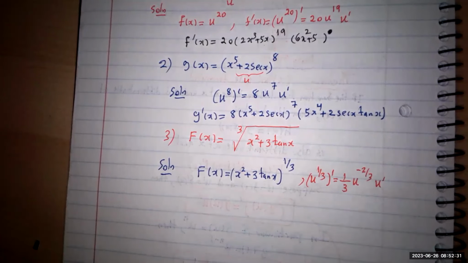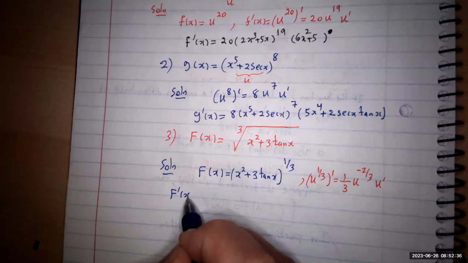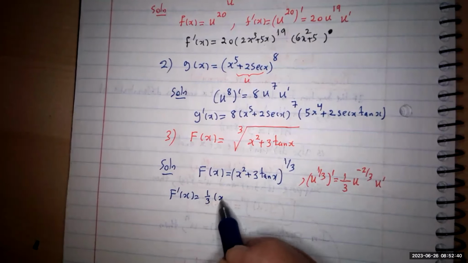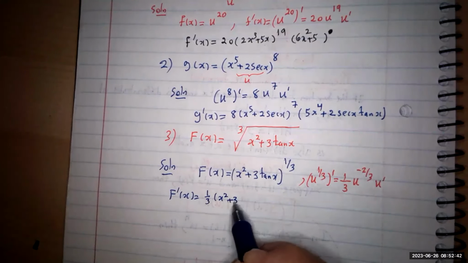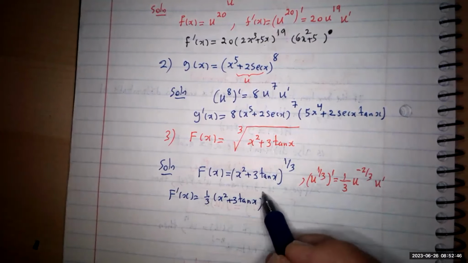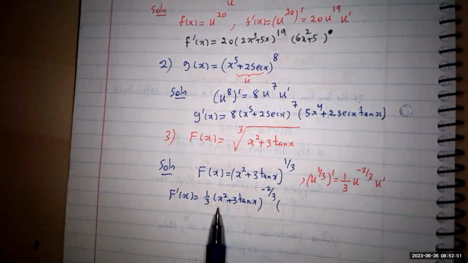Now copy this formula. So what's going to be the result? f prime: power first, 1/3, no change inside, remember. x squared plus 3 tangent of x to the 1/3 minus 1, which is negative 2/3, times u prime, the derivative of the inside.